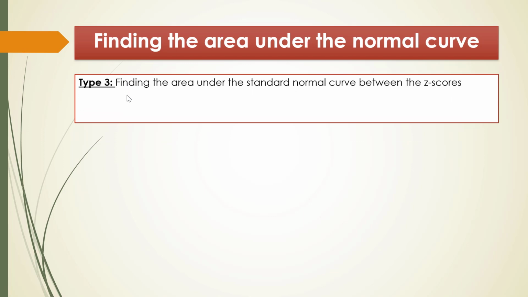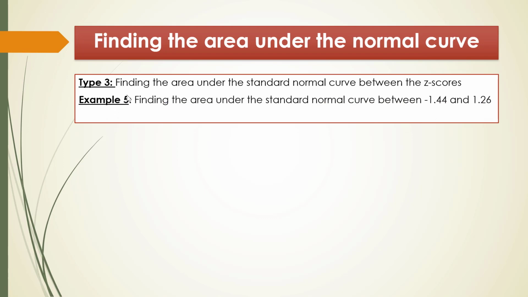Find the area under the standard normal curve between two z-scores. Let's take two z-scores as an example, negative 1.44 and 1.26.